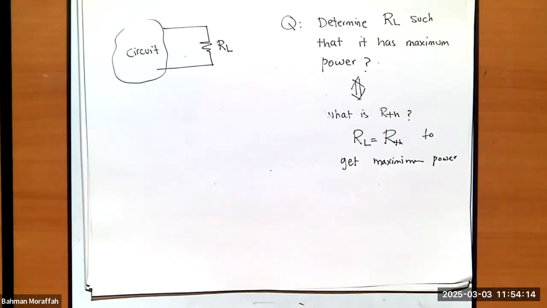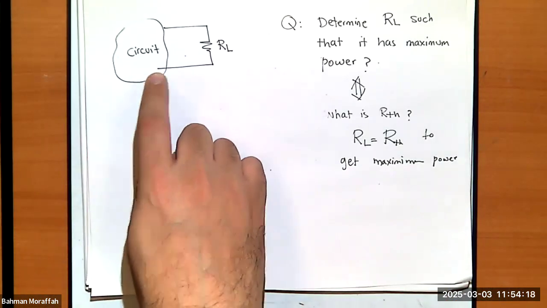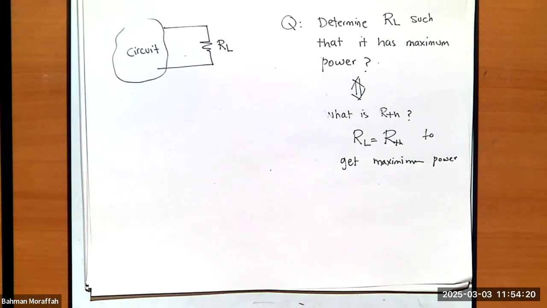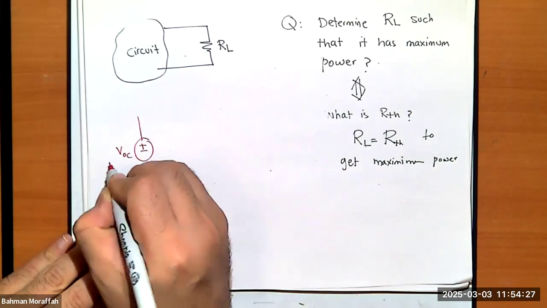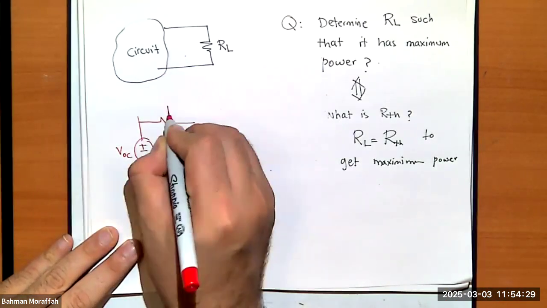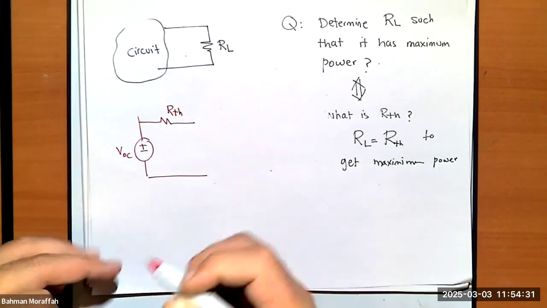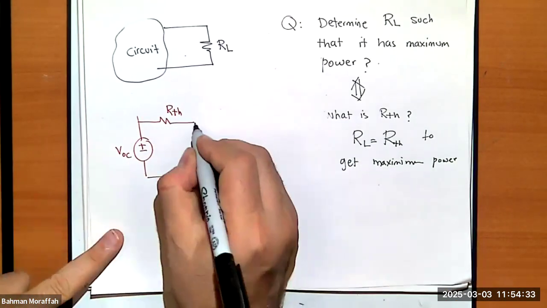And the reason for it was, we know if we have a circuit, doesn't matter how complicated it is, we can replace this circuit by a circuit that looks like this. And we put the load back in here.